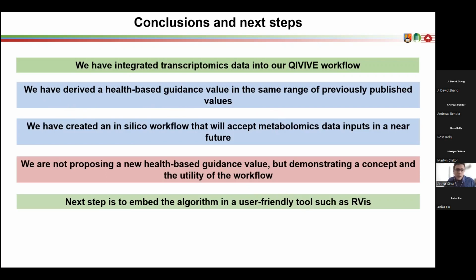We are not proposing here a new health-based guidance value for perfluorooctanoic acid, but only demonstrating a concept and the utility of our workflow. And as a next step for this work, we will try to embed the algorithm in a user-friendly tool such as RVis, which also was developed by Dr. Gerhard in his group at the Health and Safety Executive Science and Research Centre.